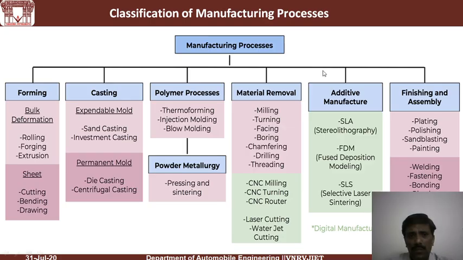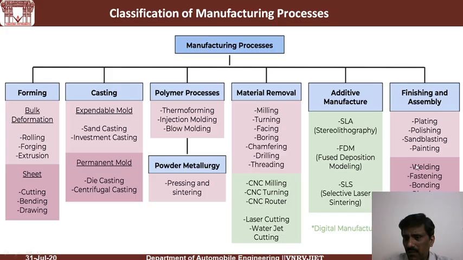And the advanced manufacturing processes are additive manufacturing processes. This is further classified as stereolithography, fused deposition modeling, and selective laser sintering. Actually this additive manufacturing process is a recent manufacturing process, and presently most of the research is going on in this process, which some people also call the 3D printing process. And the last one is finishing and assembly process.